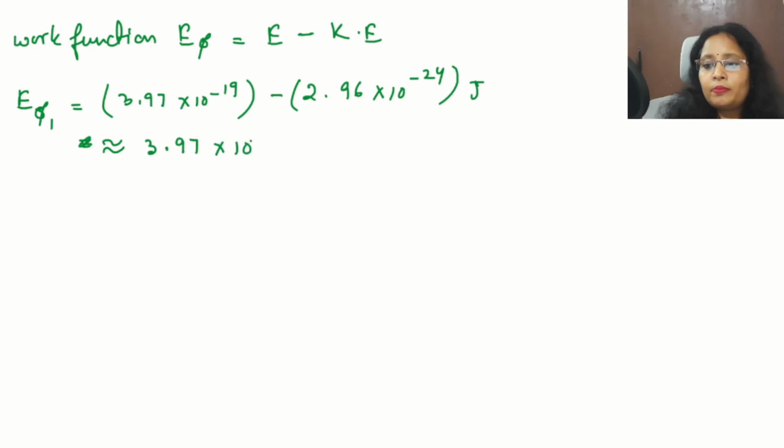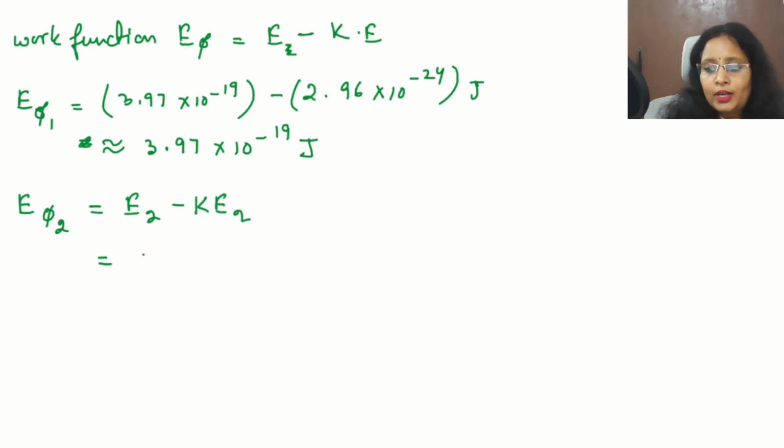3.97 into 10 to the power minus 19, we will take the approximate value because the difference is negligible. In the same way, we will get E naught 2. E naught 2 means E2 minus kinetic energy 2.